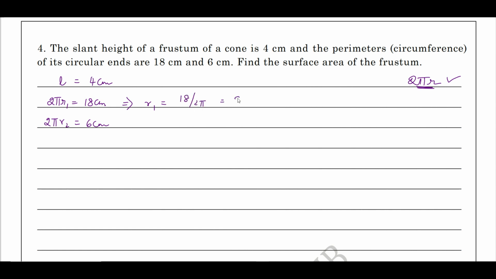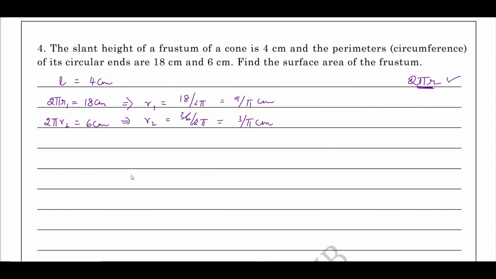Therefore what we get? 9 by pi centimeter. The same way r2 equals 6 by 2 pi, we get 3 by pi centimeter. This question I have already solved in the model paper and also in the preparatory paper. Very simple question.